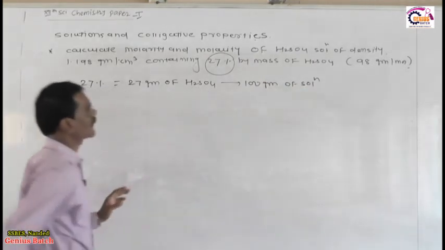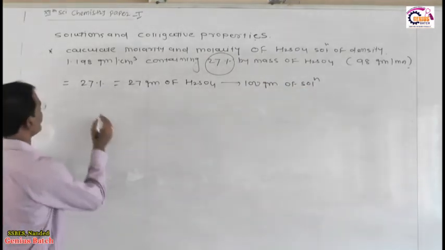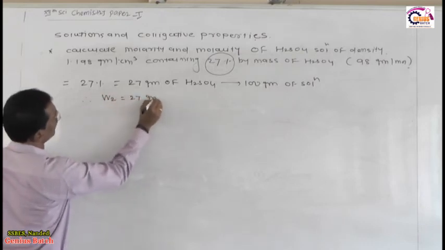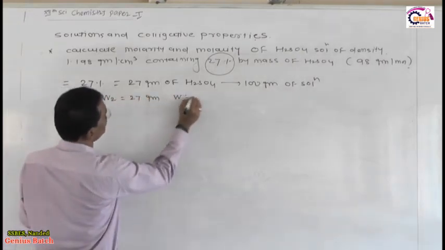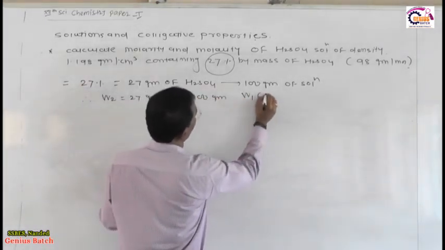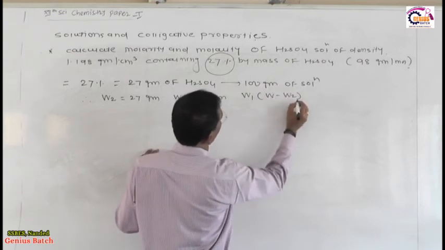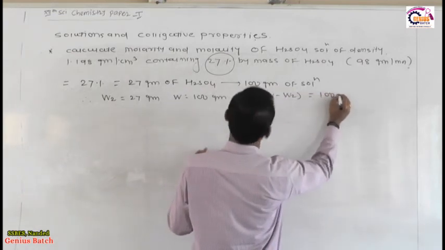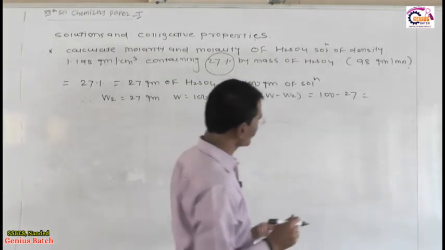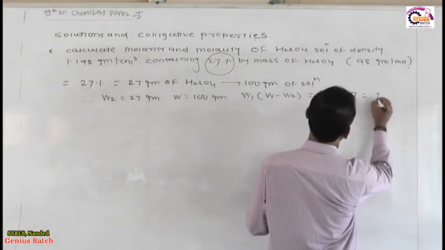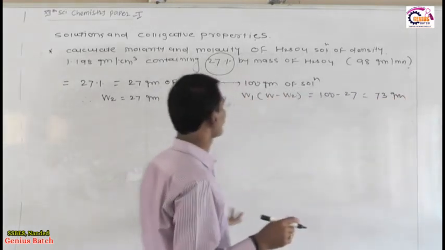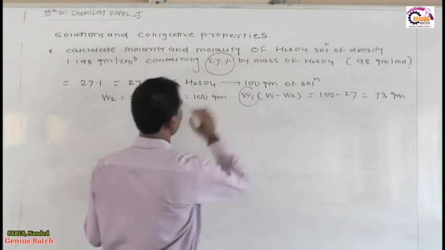So W2 is equal to 27 gram, then W is equal to 100 gram, yes or no? Therefore W1 is equal to W minus W2, that becomes 100 minus 27, which is 73 gram. The mass of solvent becomes 73 gram.